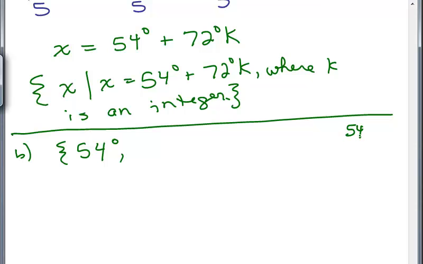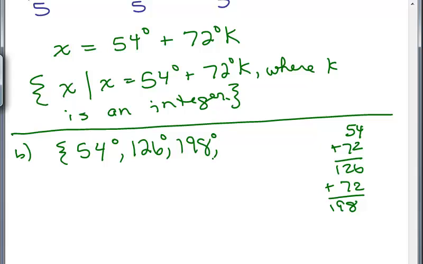In other words, the first one's 54, and if I add 72 degrees to it, I get 126. So that's the next one, 126 degrees. If I add 72 again, I have 198 degrees. I add 72 again, I've got 270 degrees.